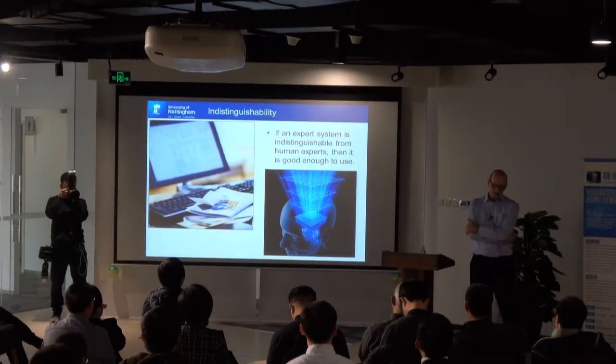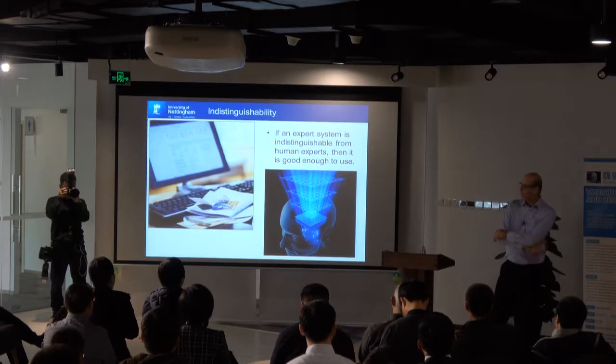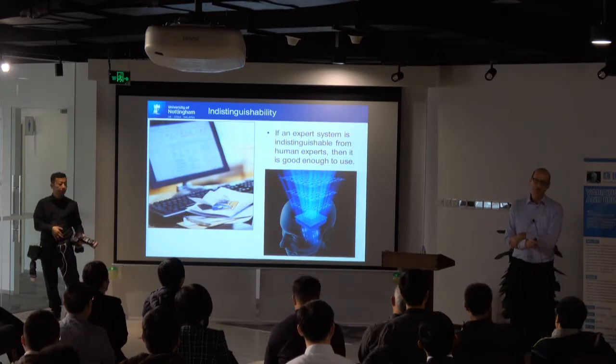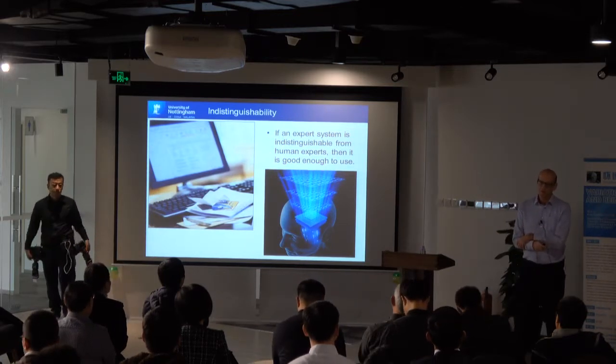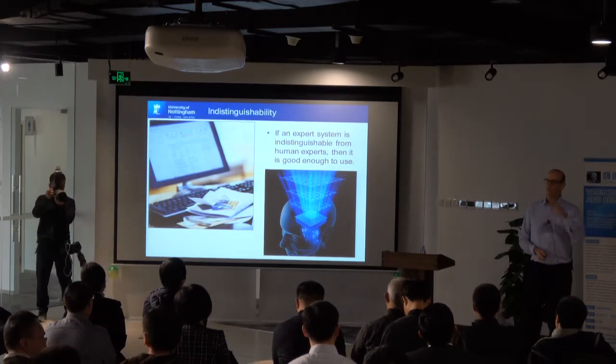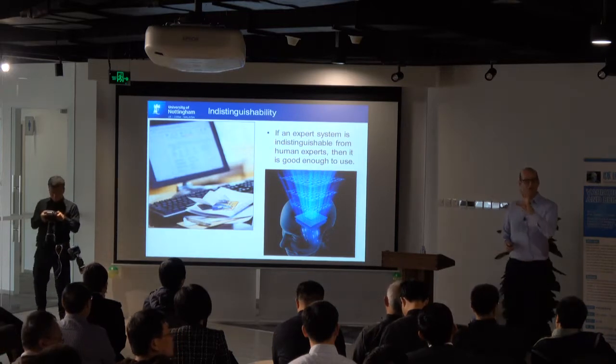So I'm going to pose this as a principle: the way we test whether expert systems are good enough to use is not that they have to get some 75% performance or 80% performance, 85, 90, or even 100% performance.